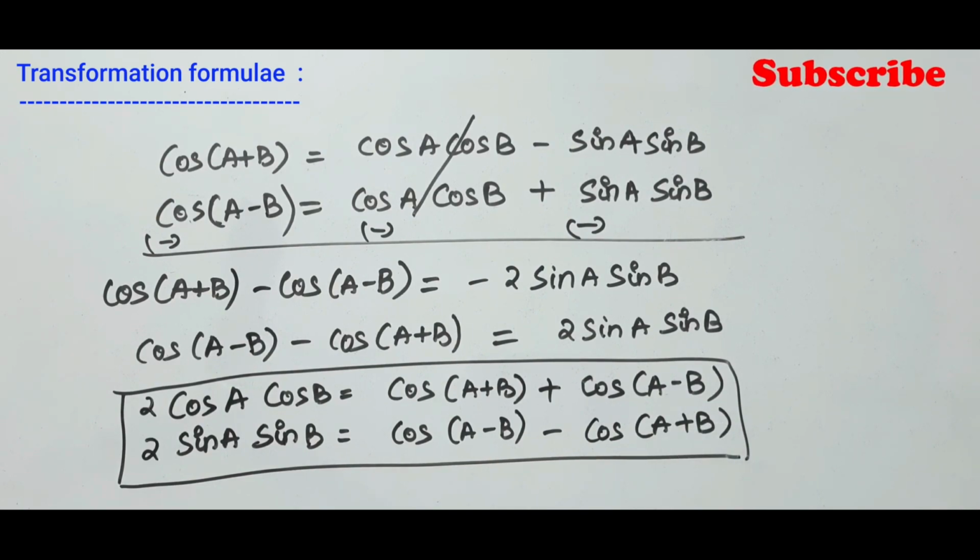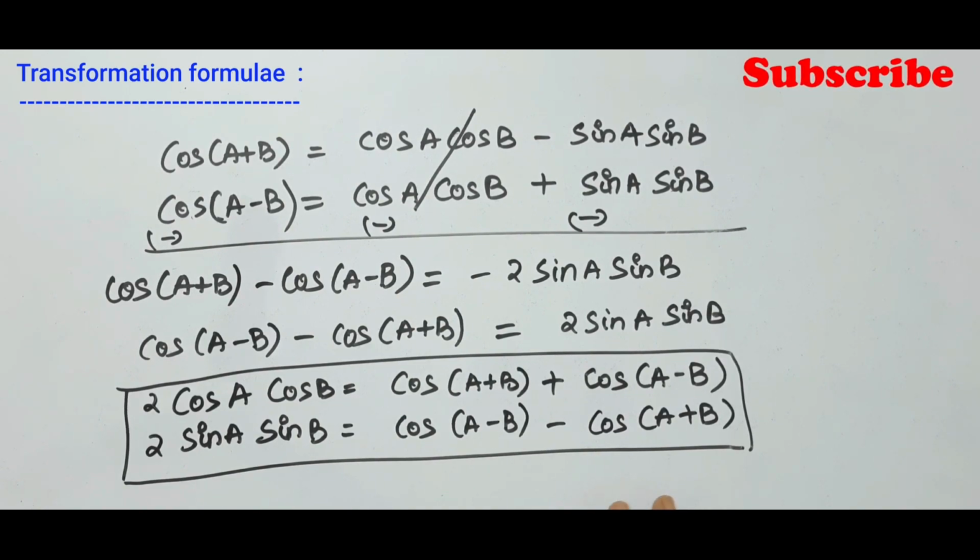If you see a product of sine and cos, they can be expressed as the sum or difference of two sine functions. If you see in a trigonometric equation a product of two cos or two sines, they can be expressed as the sum of cosines or difference of cosines. Okay, these are the transformation formulae.